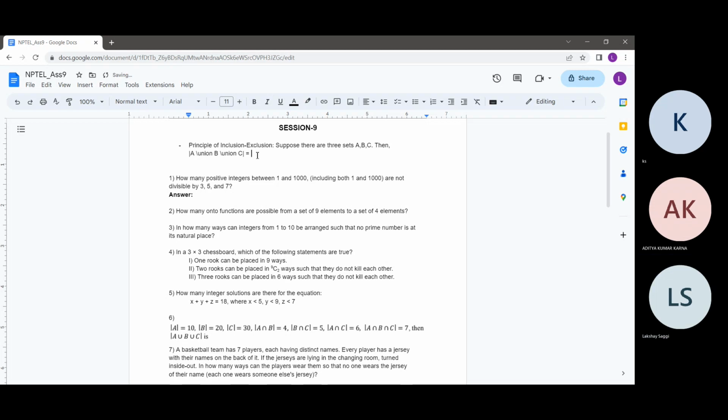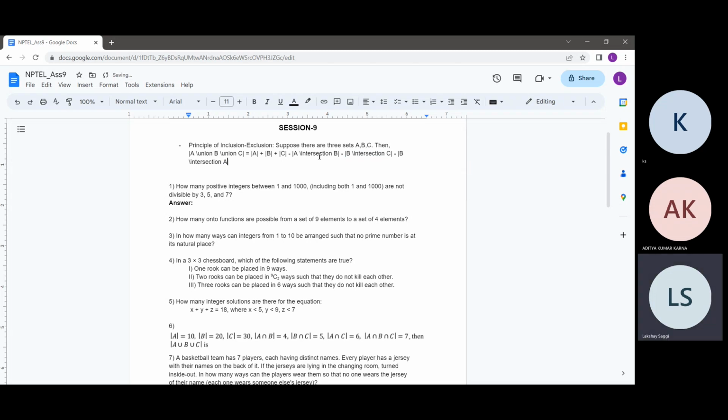So this can be written as the number of elements in set A plus the number of elements in set B plus the number of elements in set C, minus A intersection B, minus B intersection C, minus C intersection A, and then we add back A intersection B intersection C.